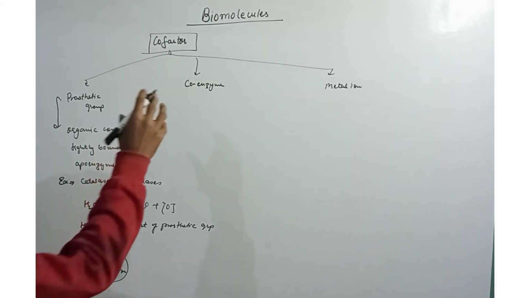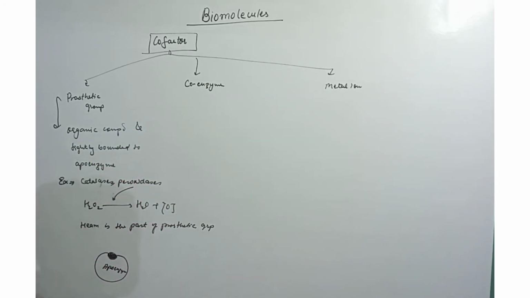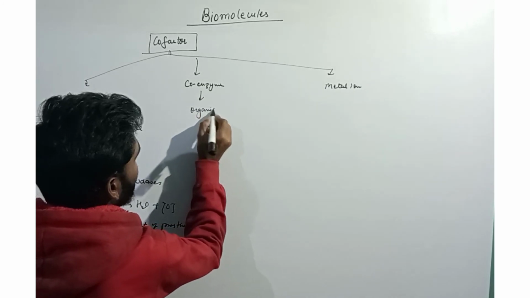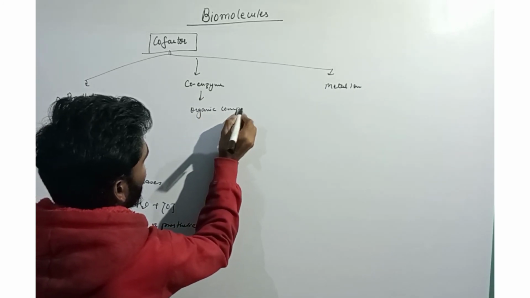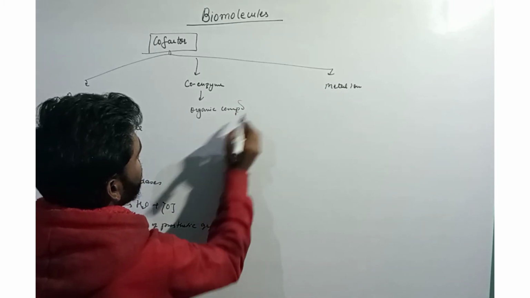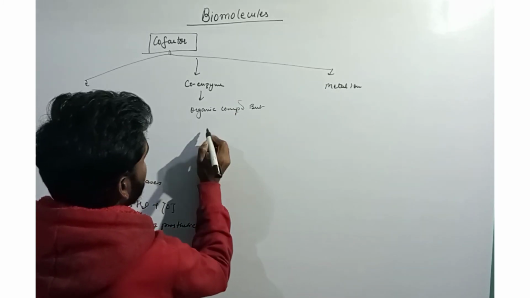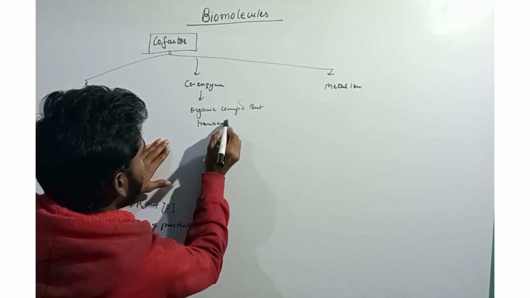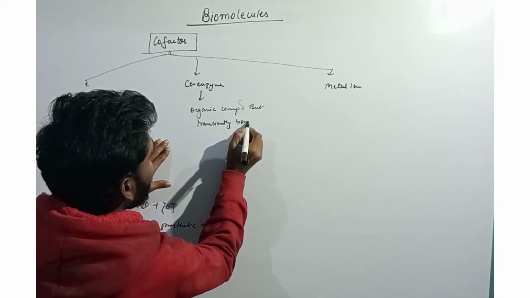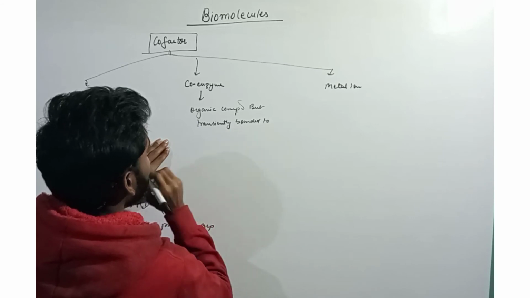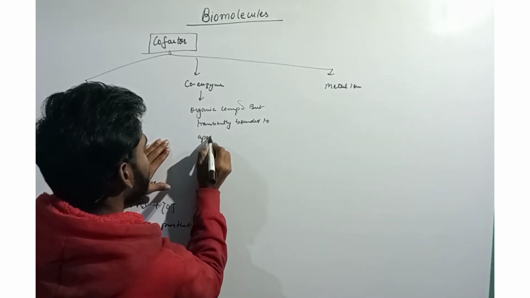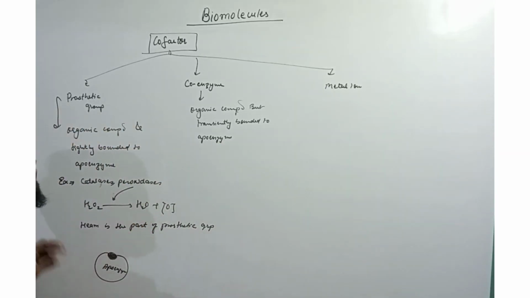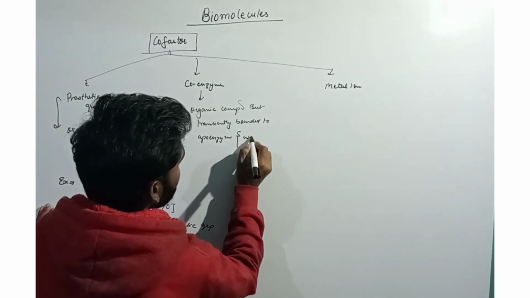But when you're talking about a coenzyme, please do remember that it is also made up of an organic compound, but it is transiently bonded to the apoenzyme. Transiently means it is weakly bonded.